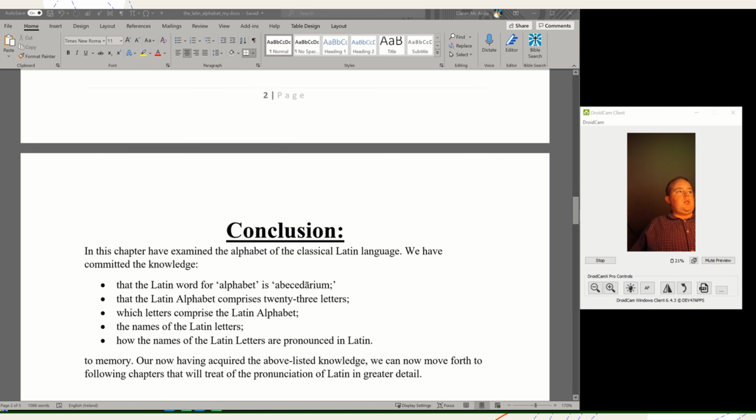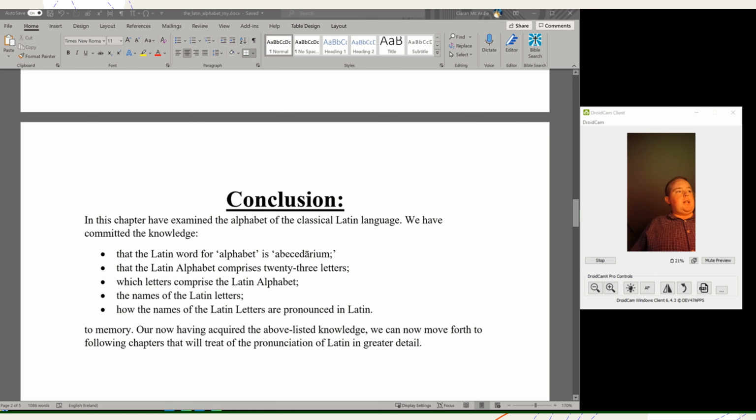Conclusion. In this chapter we have examined the alphabet of the classical Latin language. We have committed to memory that the Latin word for alphabet is abecedarium, that the Latin alphabet comprises 23 letters, which letters comprise the Latin alphabet, the names of the Latin letters, and how the names of the Latin letters are pronounced in Latin.